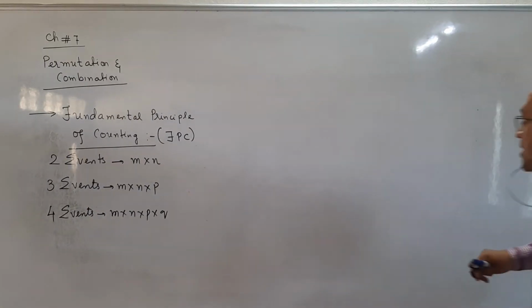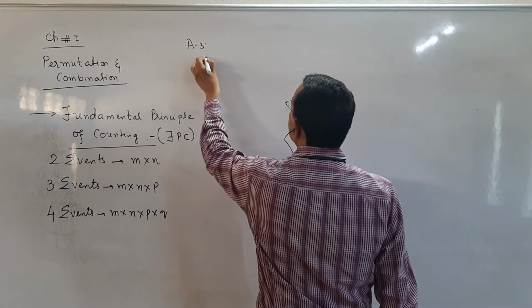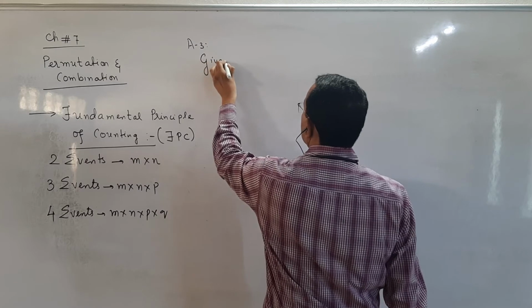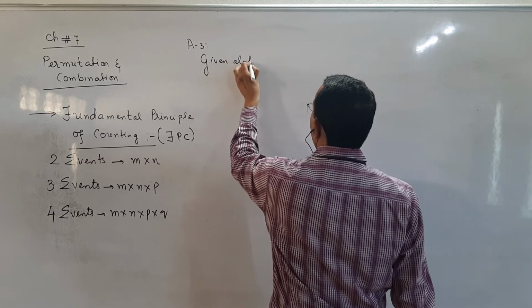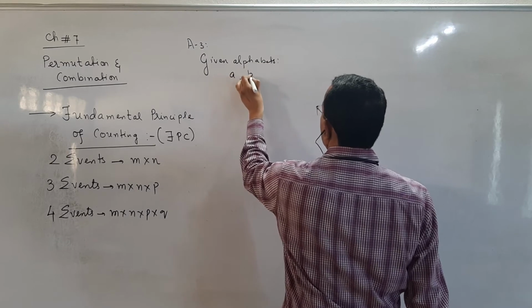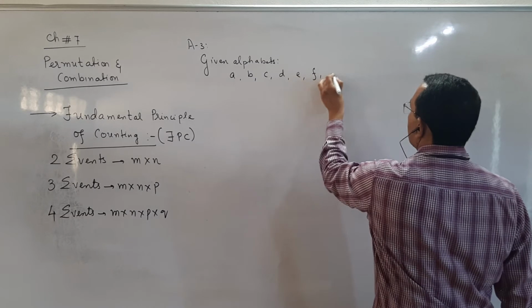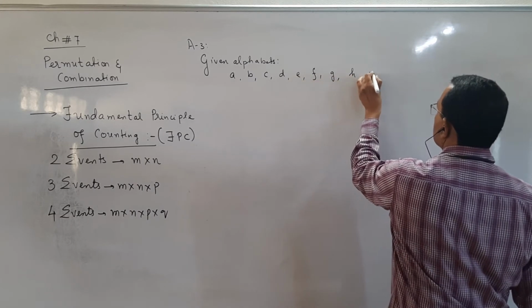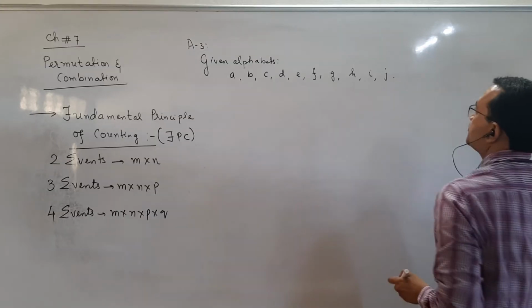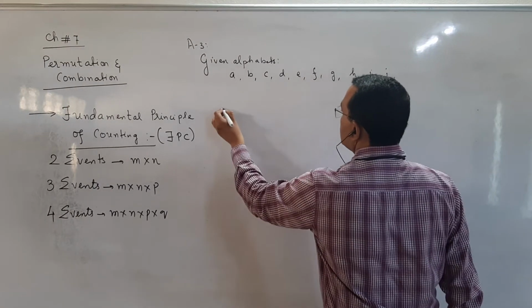And what are the first 10 English alphabets? Given alphabets are A, B, C, D, E, F, G, H, I, J. And students, repetition is not allowed, and I want to form 4-digit codes.